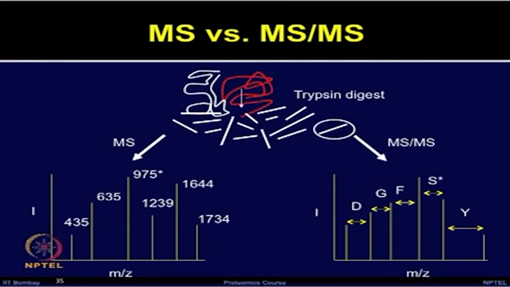This slide gives you a comparison of MS versus MS/MS analysis. In MS, a peptide is fragmented and masses of the fragment ions are recorded in a spectrum. The tandem MS or MS/MS uses two stages of mass analysis, as we talked about earlier.